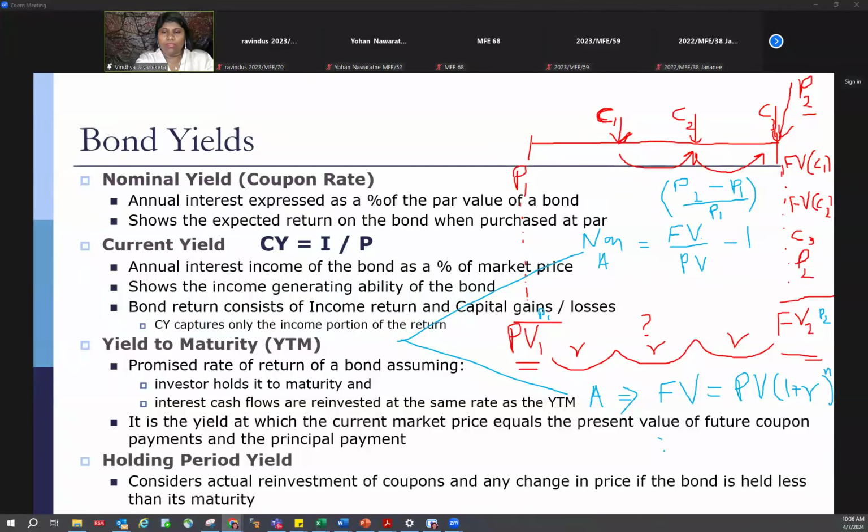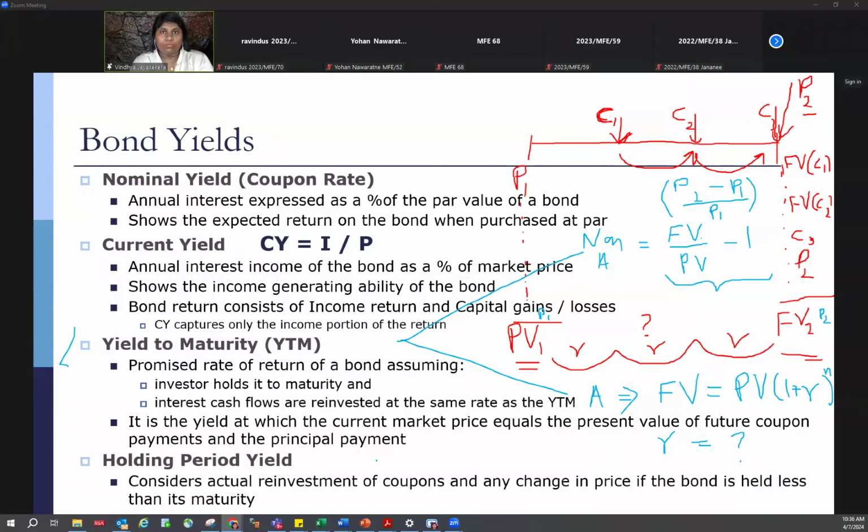And from this, I can find what is R. It is simply taking this value and compounding it. That's all. Same answer, right? Simply taking this non-annualized value and compounding it. You will get the same answer. So this is your holding period return.